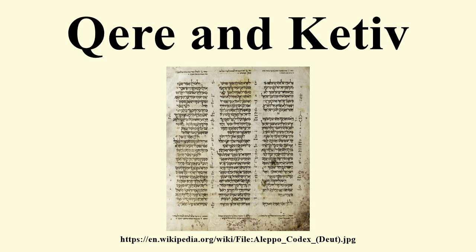For example, in the Pentateuch, the third-person singular feminine pronoun hi is usually spelled the same as the third-person singular masculine pronoun hu. The Masoretes indicated this situation by adding a written diacritic symbol for the vowel i to the pre-Masoretic consonantal spelling HW.